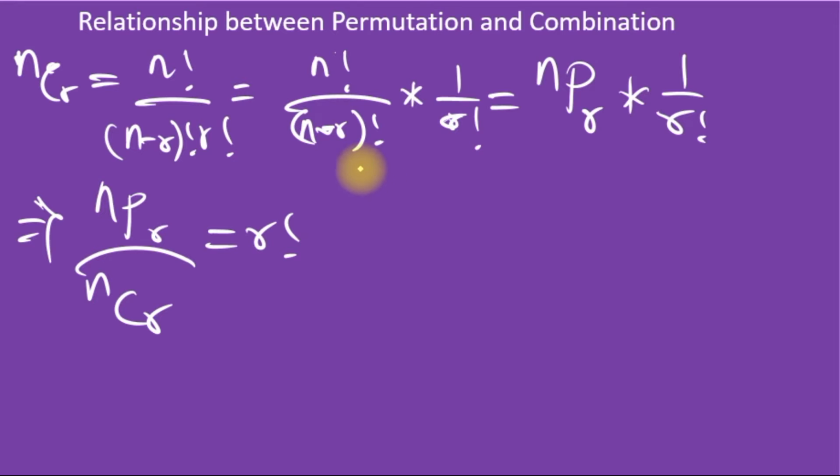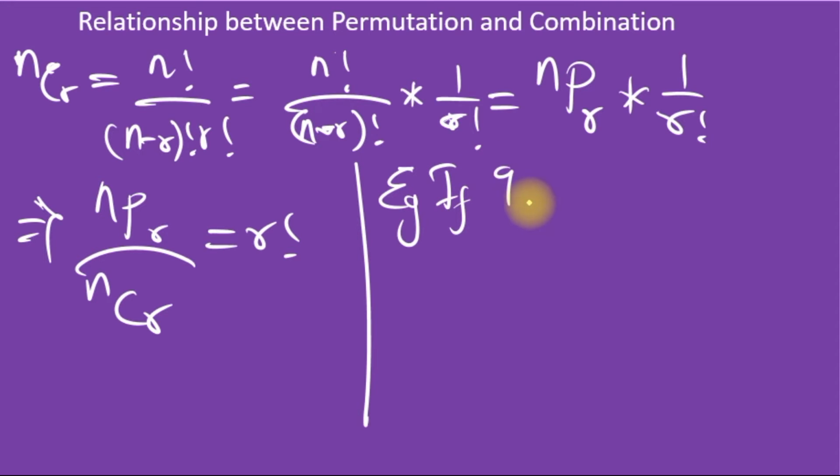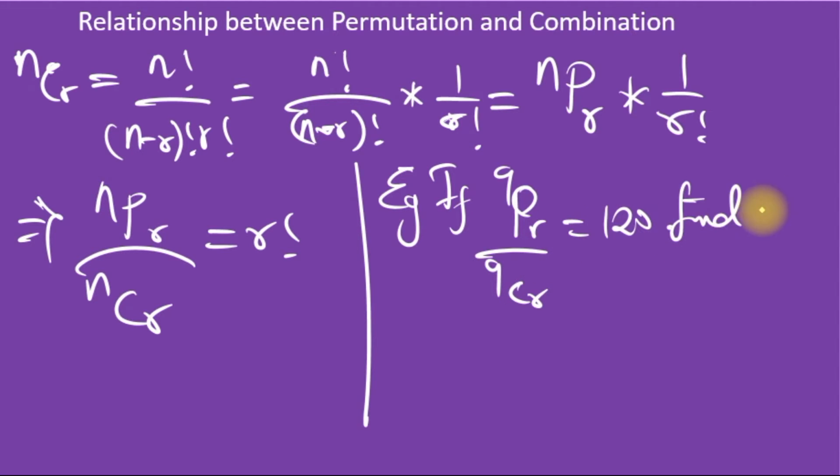Example, if someone asks you, if 9 permutation r over 9 combination r is 120, we are asked to find r without wasting time. This 9 permutation r over 9 combination r is always equal to r factorial from this formula.